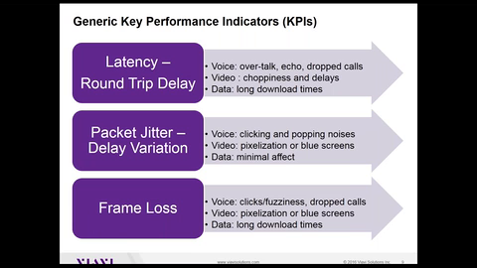So what are some of the things that can happen if we don't meet our service level agreement, and some of these KPIs? What are the problems that the user might experience if we're not doing the things that we're expecting? So from a latency perspective, if you're looking at voice traffic, you're going to see things like overtalk or echoes or dropped calls if the latency is too high.